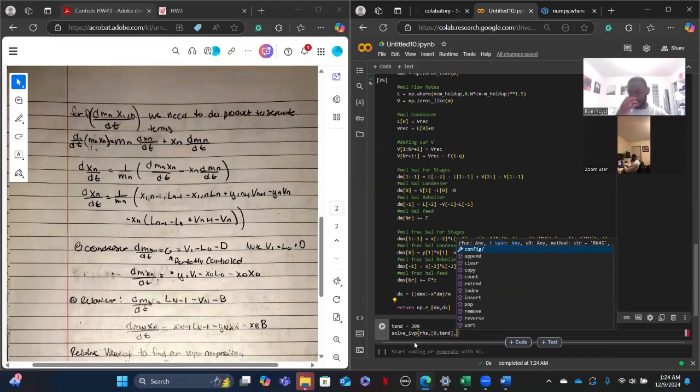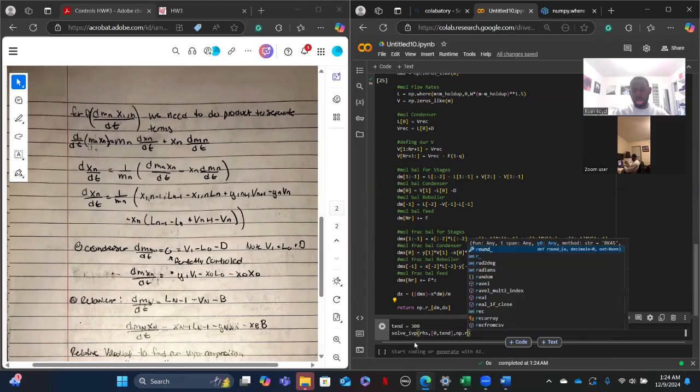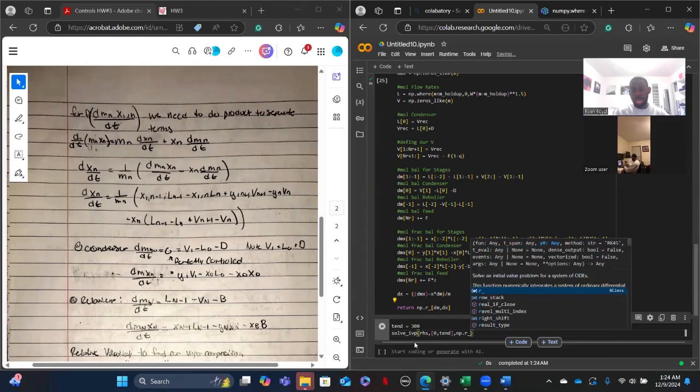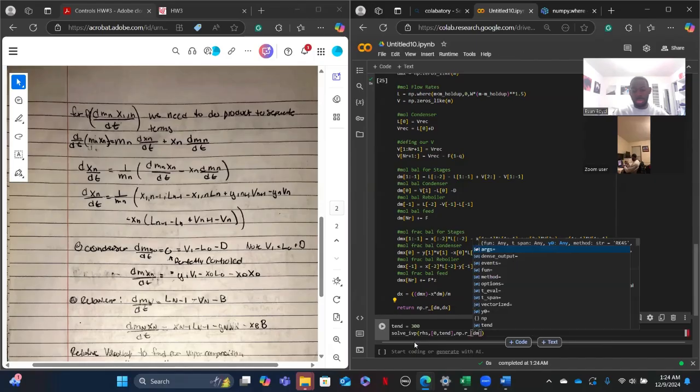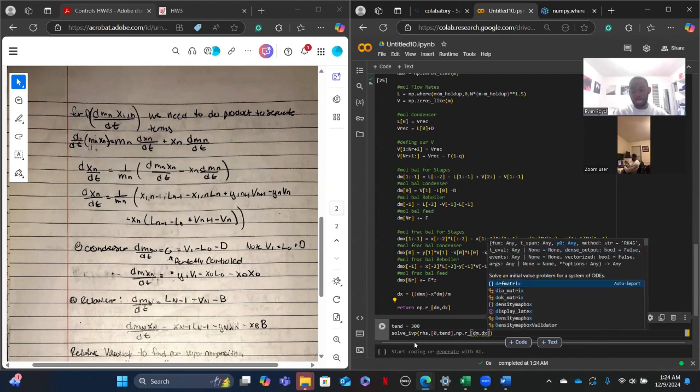Next, our initial y guess, we know this is just np.r_ of DM, so our moles and then our mole fractions.